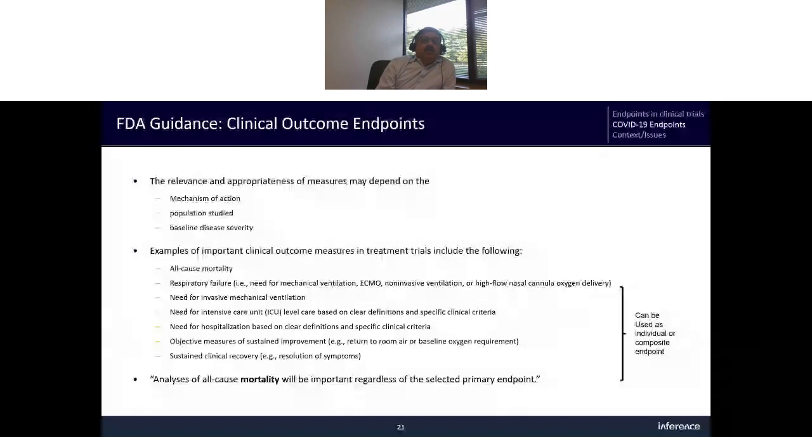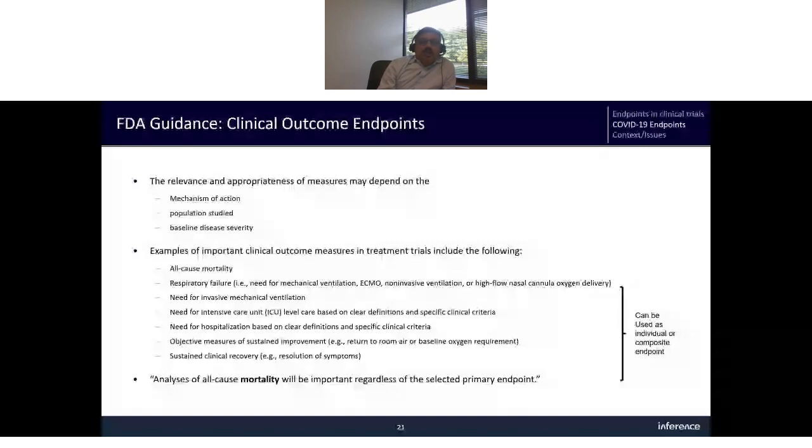Now, the choice of the endpoint depends, as I mentioned, on the population studied, for example, right? Whether these are mild population or severely ill people. It also depends on the mechanism of action. You know, is it treating symptoms? Is it treating respiratory problems?